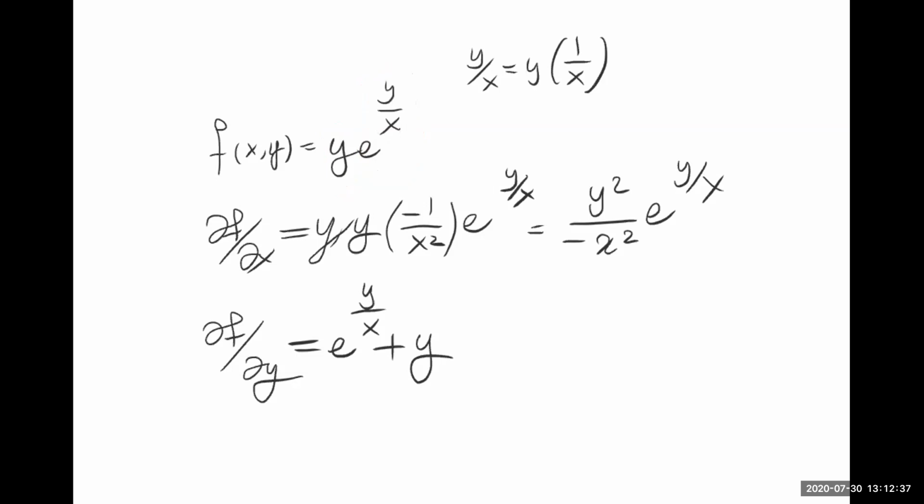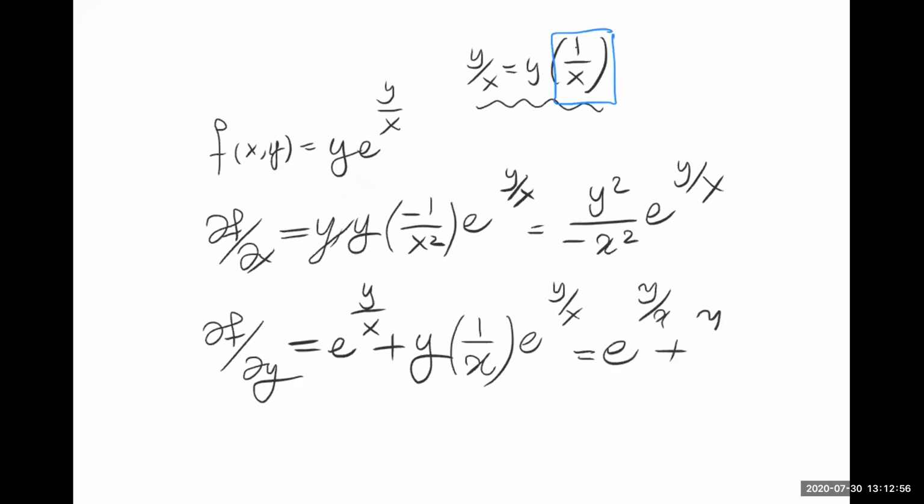Here y over x is y times 1 over x. If x is constant, the whole 1 over x is also constant, so it comes out like a constant times e to the y over x. So we have e to the y over x plus y over x e to the y over x.